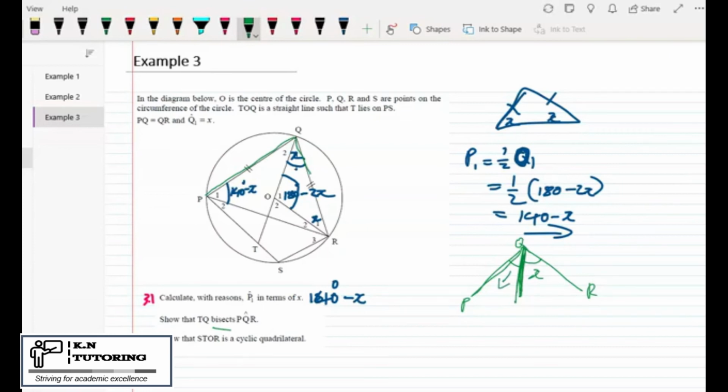Let's see what you have. If you look at this cyclic quad, so this is a cyclic quad, 4 points.